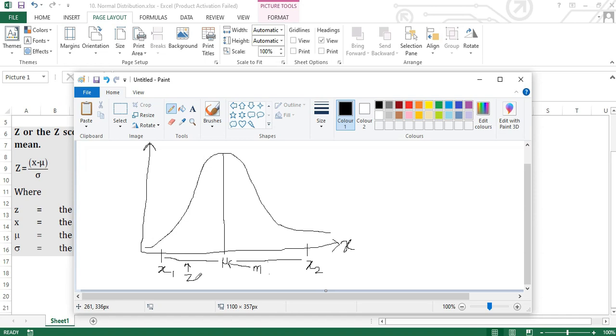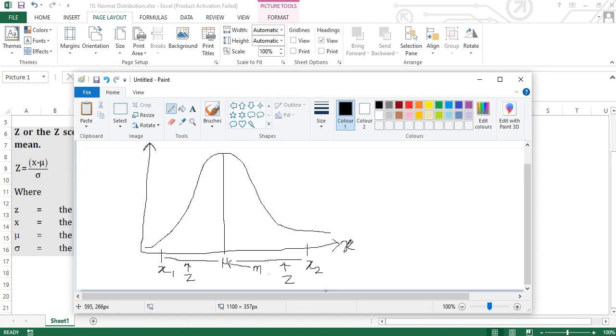And the difference between the mean and x2 is also equal to z, because z is equally divided, but not in all cases. It gets equally divided if it covers the whole area under the graph.